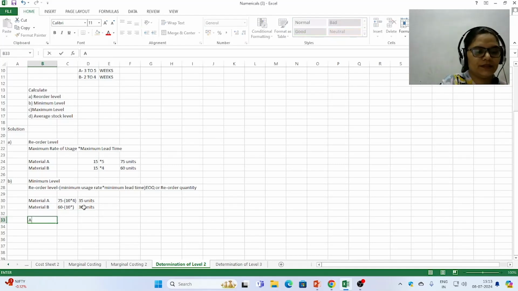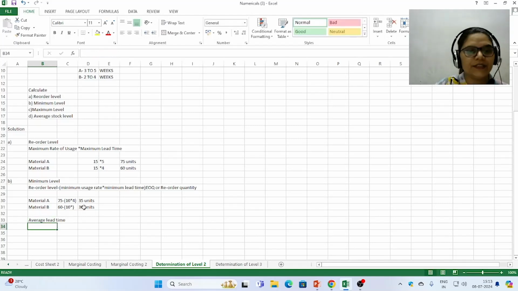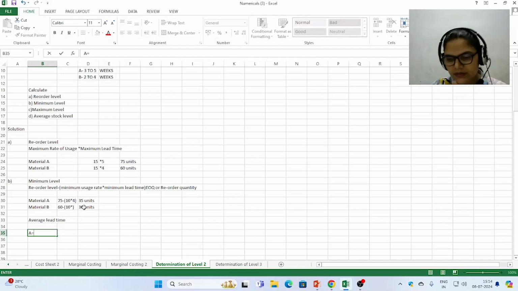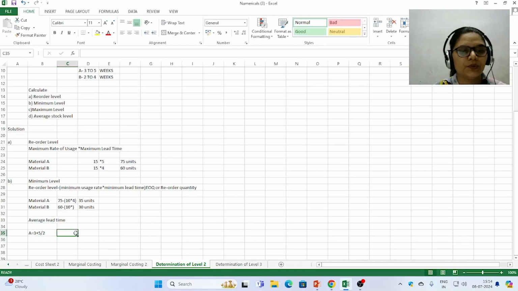Next is average lead time. For material A, it will be 3 plus 5, 8 divided by 2, which will give you 4.